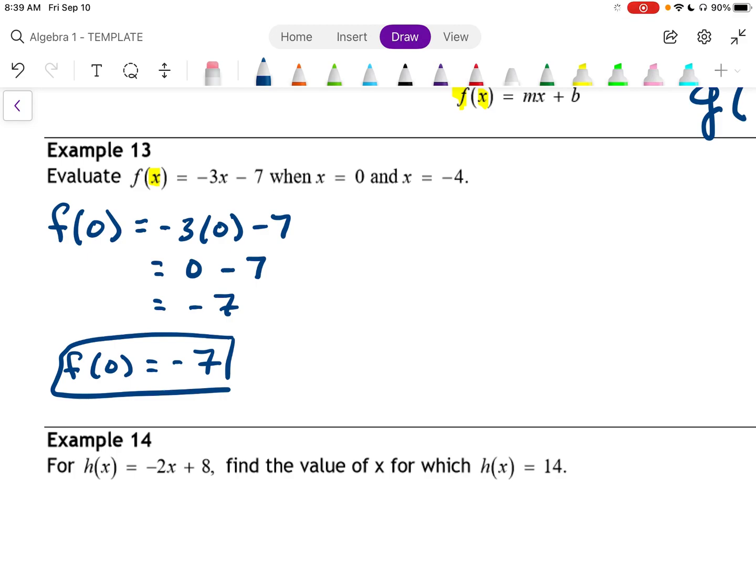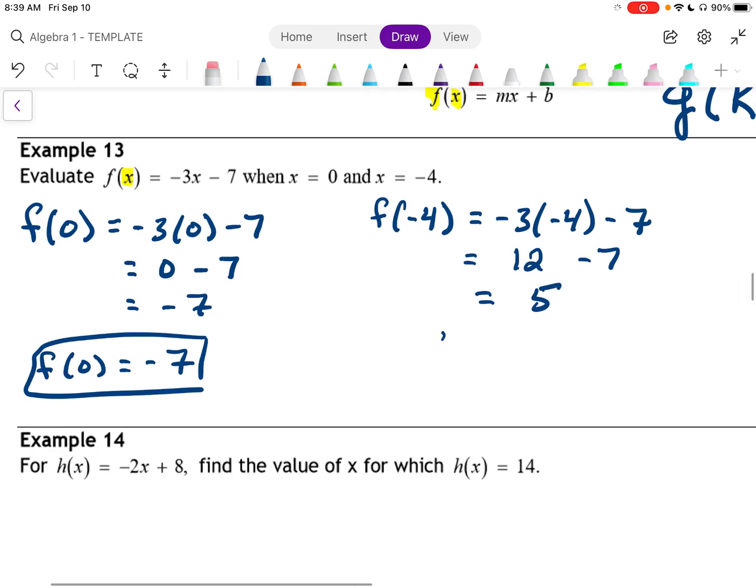And then we have negative 4. So f of negative 4 equals negative 3 times negative 4 minus 7. Negative 3 times negative 4 is 12, minus 7 is 5. So f of negative 4 is 5.